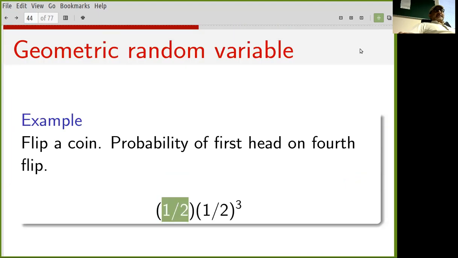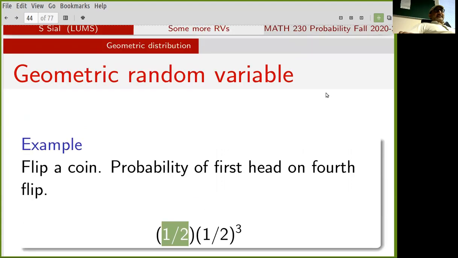All right, so that was the geometric random variable. So far we've been going with 2 outcomes, which we can call success and failure. Now we extend that idea to a possibility of more than 2 outcomes in the next discussion.